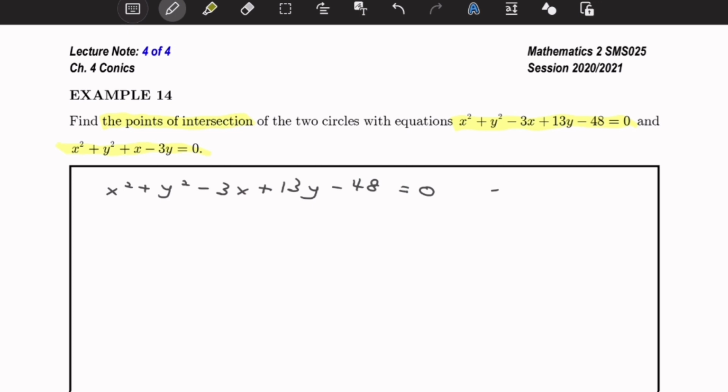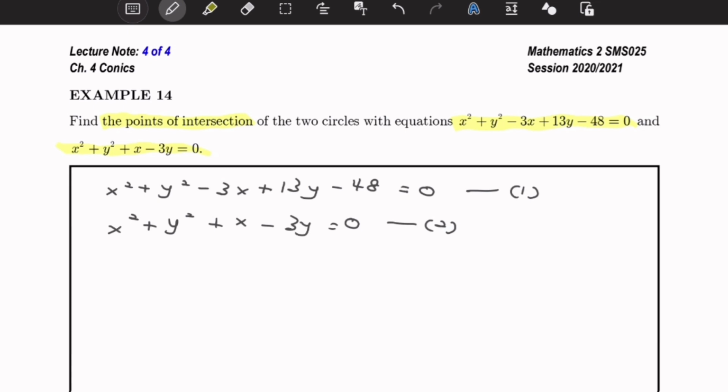We name it equation 1. And the second equation, x squared plus y squared plus x minus 3y equals 0. This is our second equation.